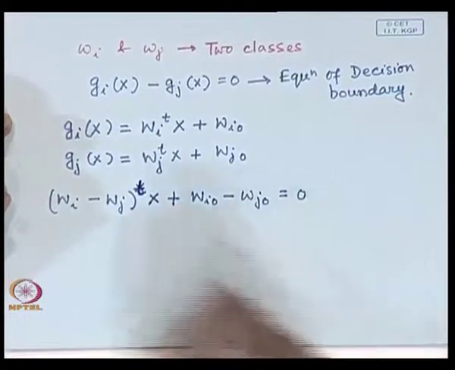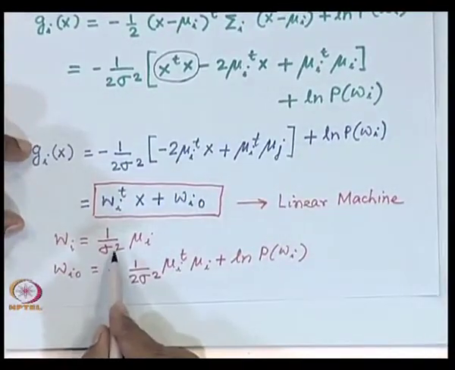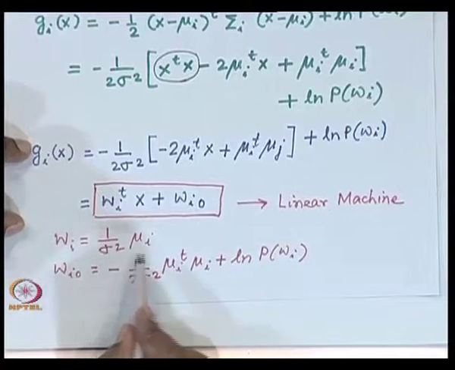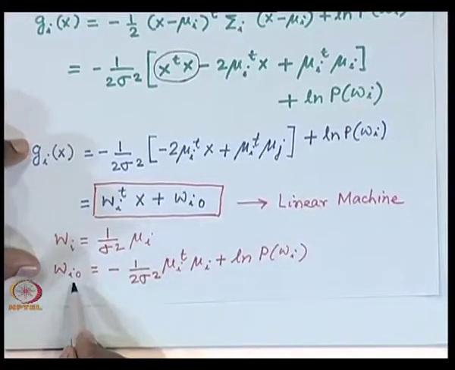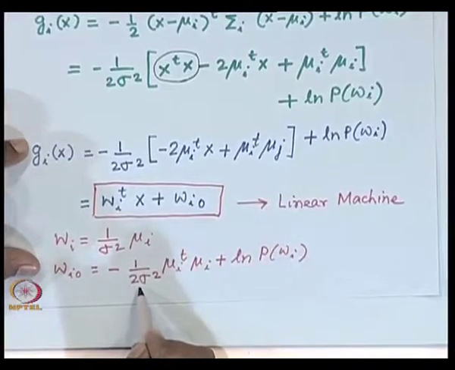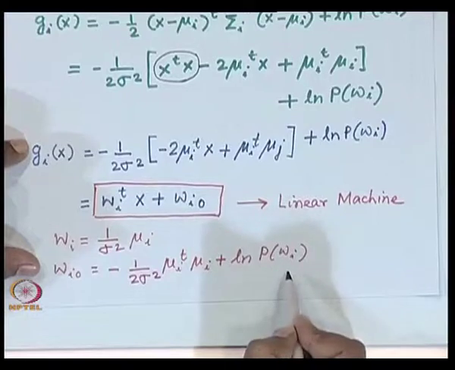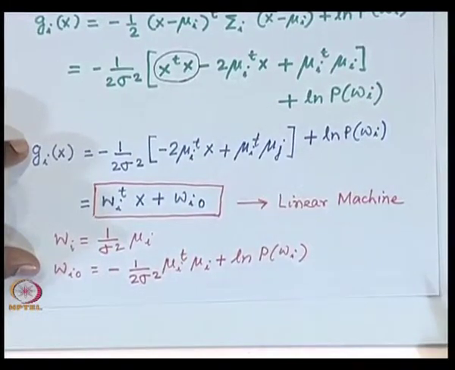And here, I replace W_i by its value, which is 1 upon sigma square mu_i, and W_i0 by its value, which is minus 1 upon 2 sigma square mu_i transpose mu_i plus log of P(omega_i), and similarly for W_j and W_j0.